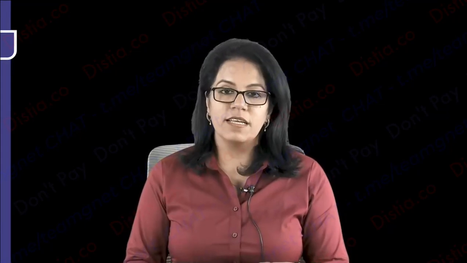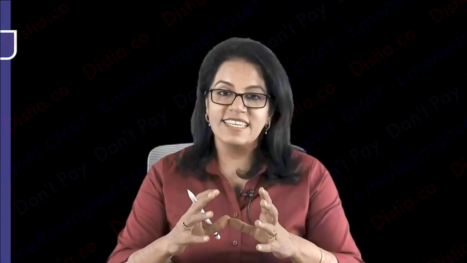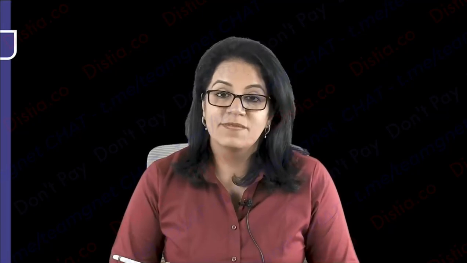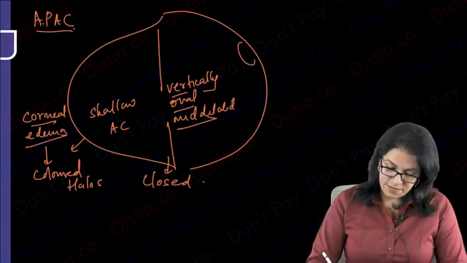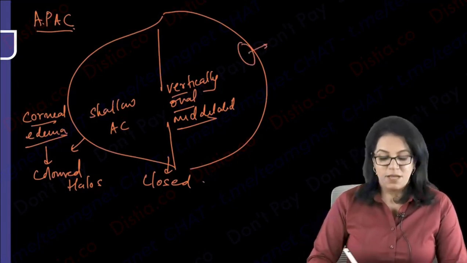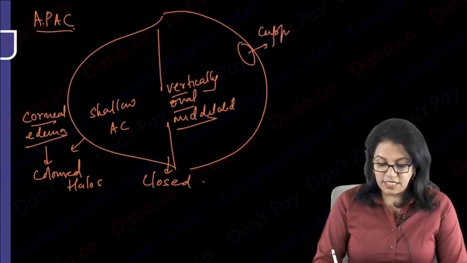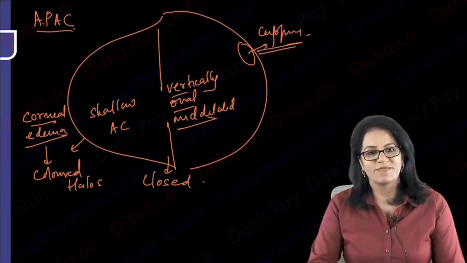And what has happened here? It has stopped at mid-dilated. So it is fixed, non-reacting, vertically oval. Right? Any other finding? What about cupping? Should I expect that? If this patient has a recurrent attack, I can see some changes in the disc. But cupping or changes in the fundus may not be appreciated in a very acute attack.